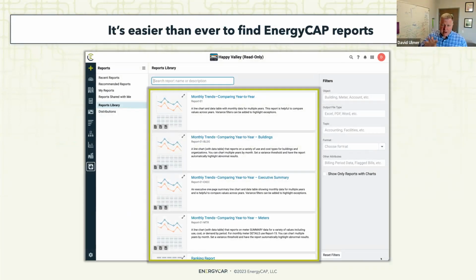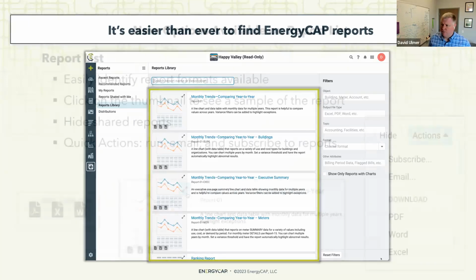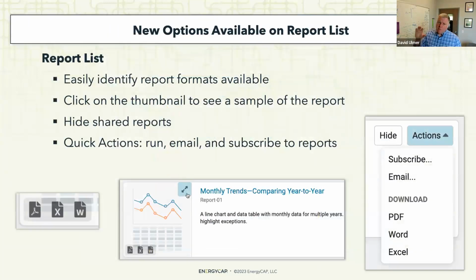Let's talk, though, about the main report list, because we've also tried to make that more valuable so that even when you're just looking at a list of reports, there's some really helpful information, and I don't want you to miss the value of some of these little indicators. When we look at the report list, the first thing to note is that the actual formats that report is available in are shown as little tiny icons.